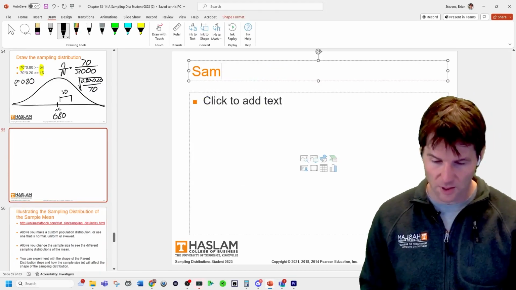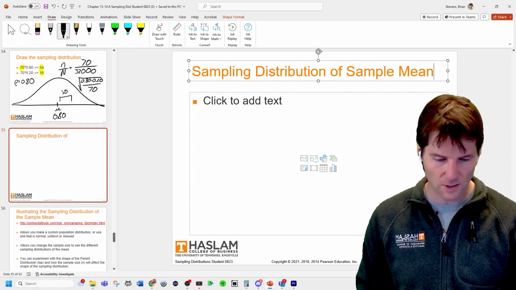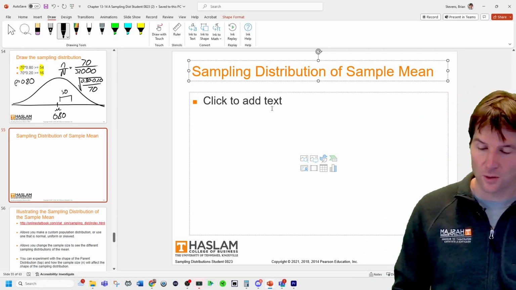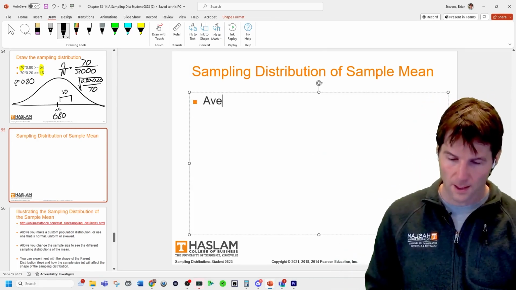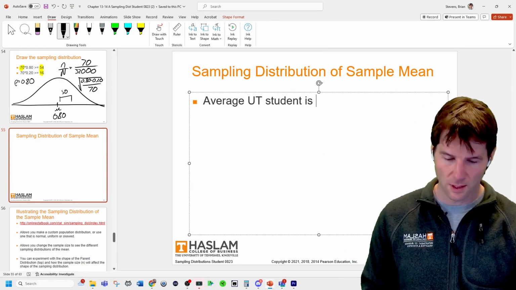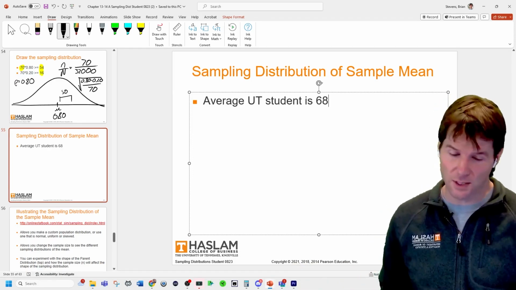So this will be another sampling distribution, of the sample mean. We know the average student at the University of Tennessee is 68 inches tall. We're not saying from a sample, the average UT student is 68 inches tall. How do we know that? Somehow we collected all the data.